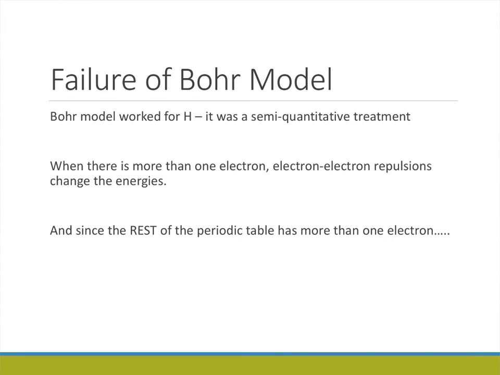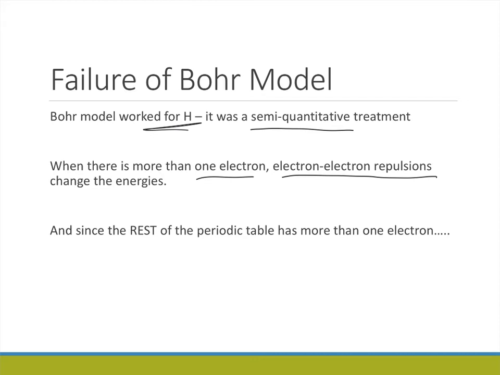Now, unfortunately, the Bohr model was a semi-quantitative model, okay? He took a lot of known work at the time and applied it to the hydrogen spectrum and worked out the energy levels. And it worked for hydrogen, and hydrogen alone, because when there's more than one electron, we have electron-electron repulsion, and this changes the energies.